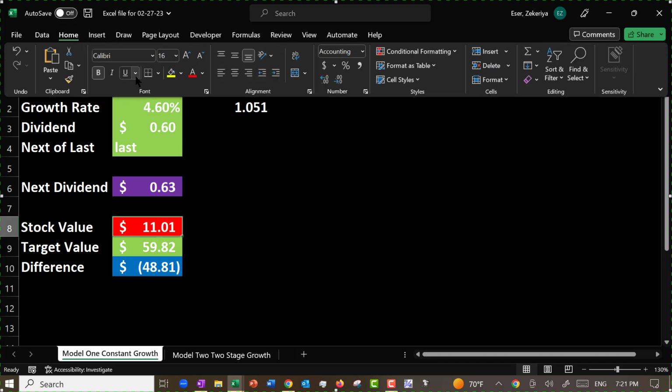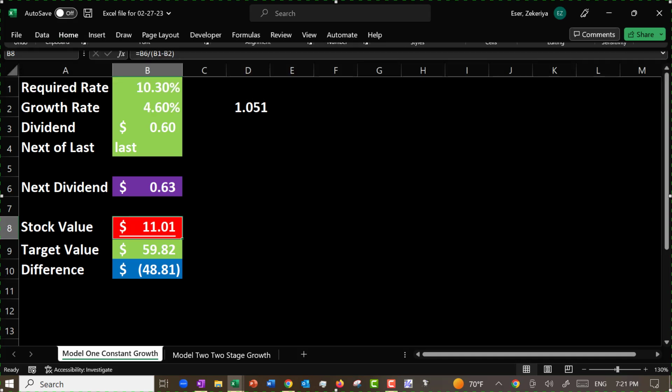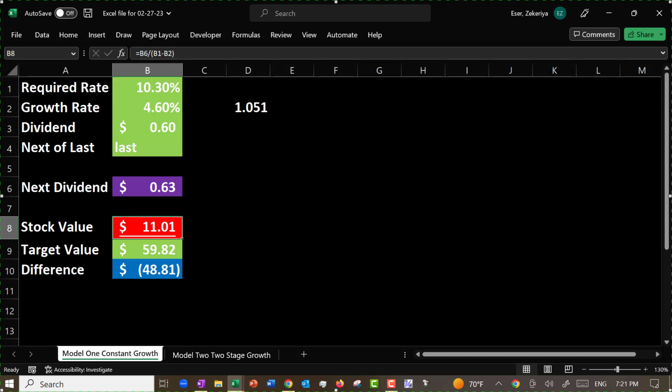That's the only trick on this one. Either first figure out what the first dividend is going to be, which is what this one does if you enter last. But if you figure it out separately, you know, since this thing rounds off, you don't get the same one.